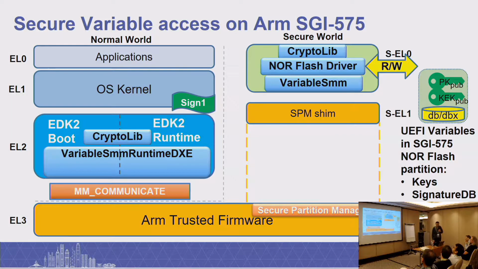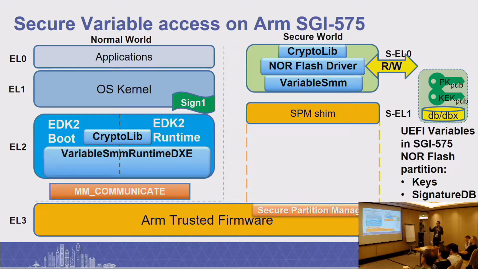Okay, so let's arrive at the example of the secure variable access on this platform. So how are we building this example that will eventually go upstream? So I tried to represent here the 2 stages, the boot phase and the runtime phase of EDK2.